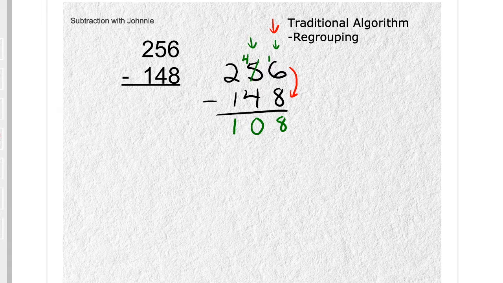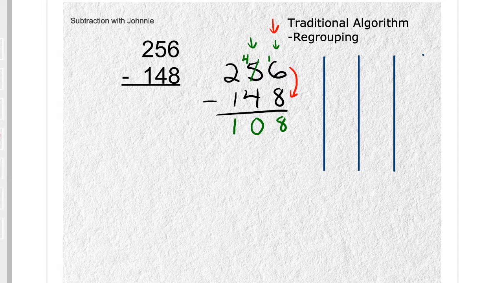Teachers will often introduce this algorithm using base 10 mats and base 10 blocks and bars. So let's take a look at that. The columns are going to represent the place value, and we'll label them. This column will have the ones, this column will be the tens, and this column will be the hundreds.